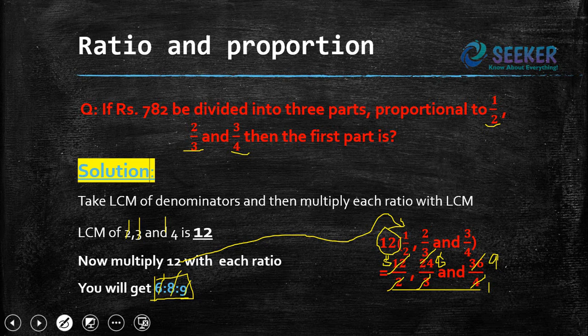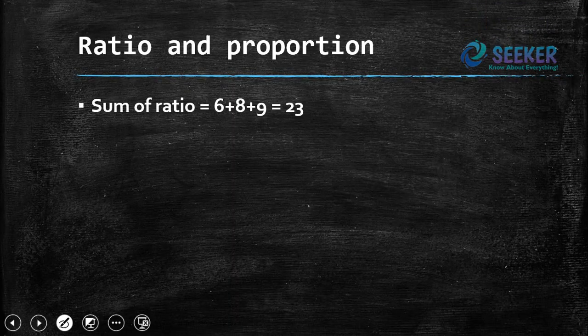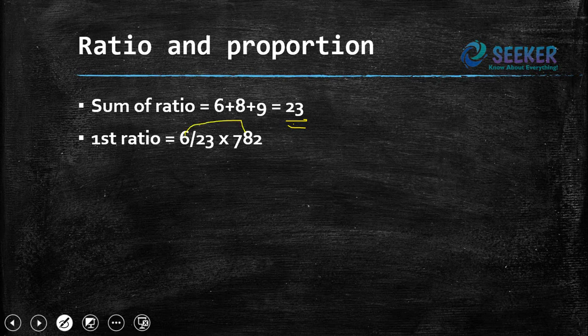Now we will sum these terms because we are going to find the first term. So in order to find the first term, we sum these ratios. Here the sum comes out to be 23. For the first ratio, we multiply 6 with this term 782 and divide it by 23.